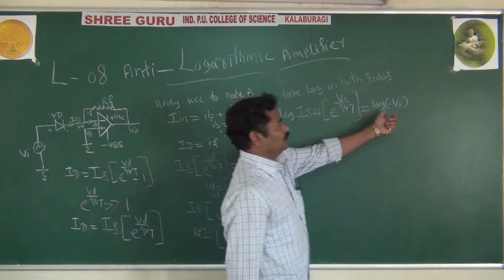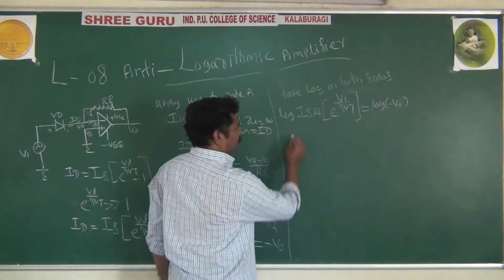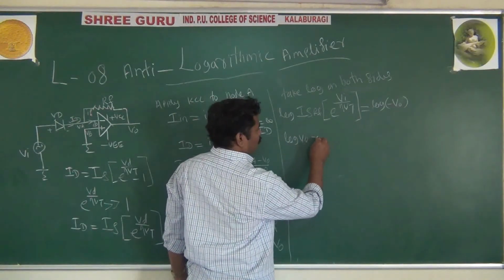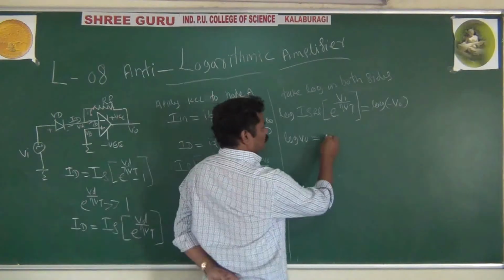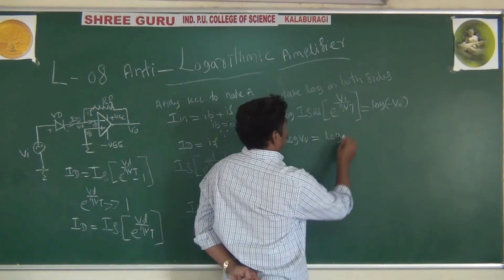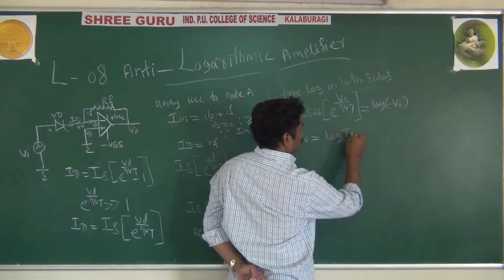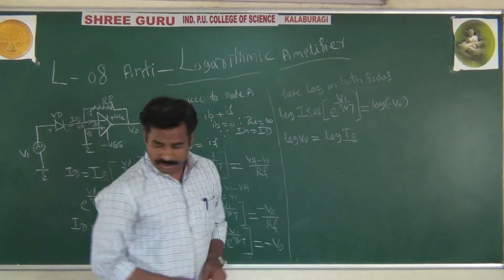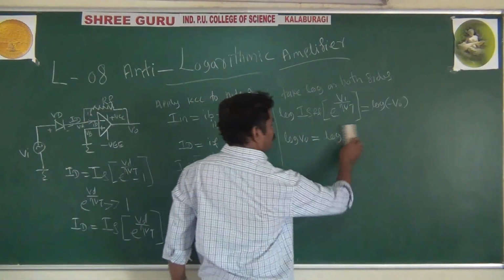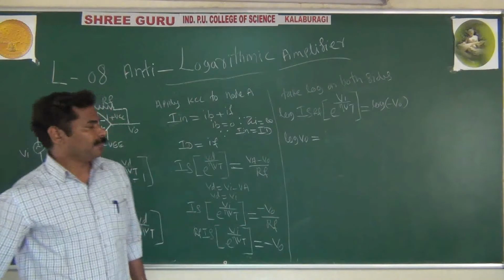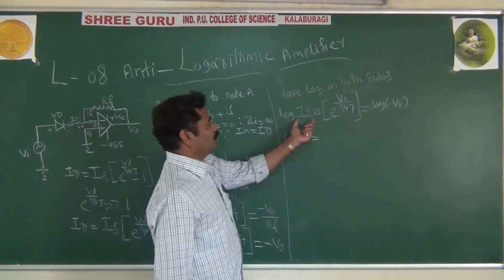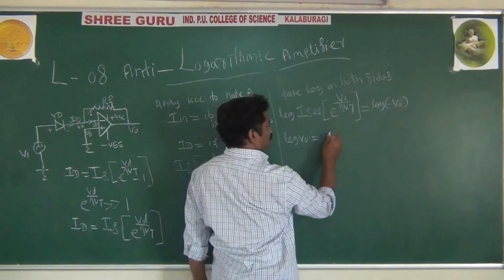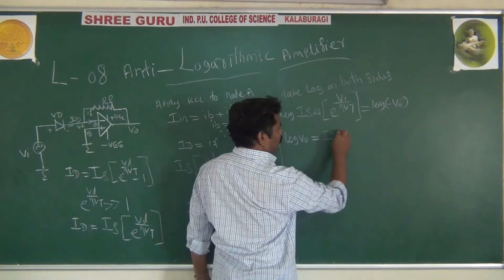Here the important thing is we want to remove the negative sign, so that becomes log of V0 equal to log of IS RF. If you take the log, IS and RF are multiplied, so it becomes IS into RF.